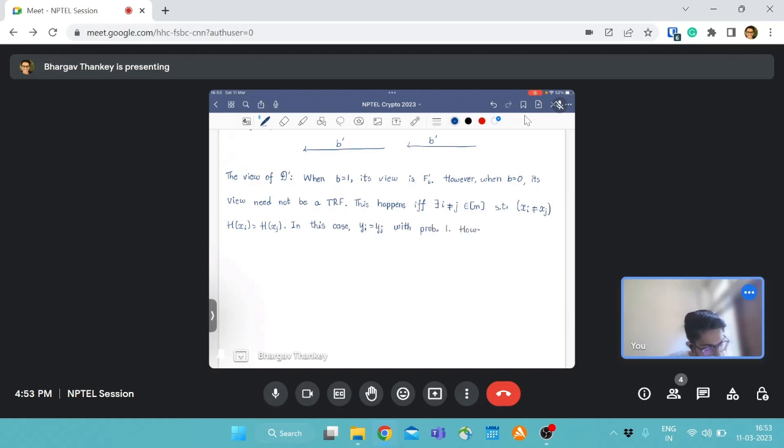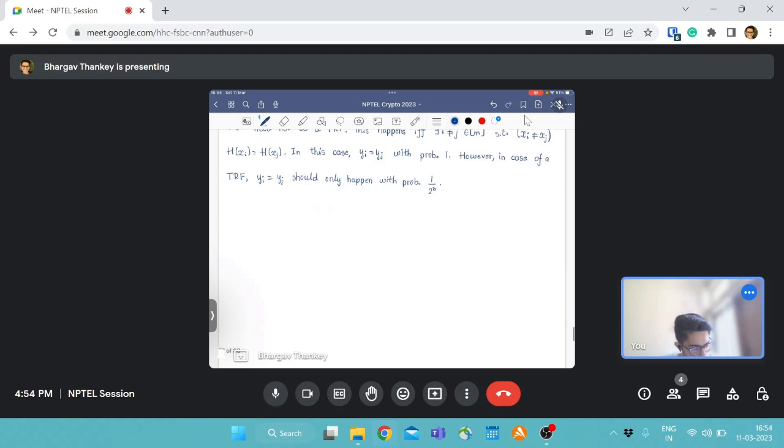However, in case of a TRF, yi equals yj should only happen with probability 1 over 2 to the n. So the view of D prime is not a TRF versus F prime view. Is this problem clear? Yes, sir. Yeah. So now let's try to fix this.